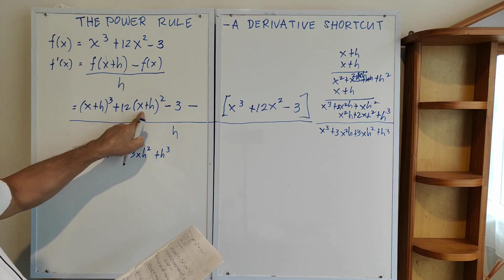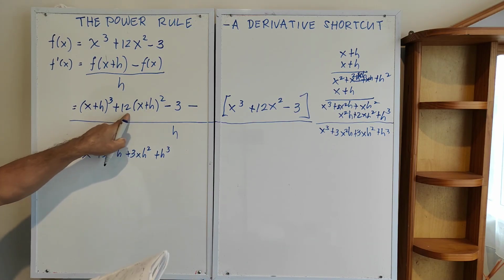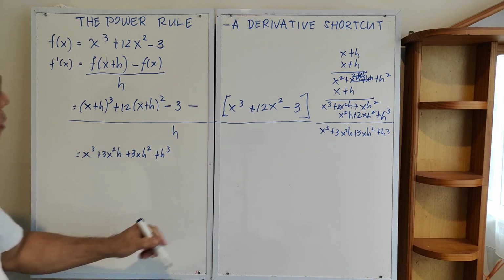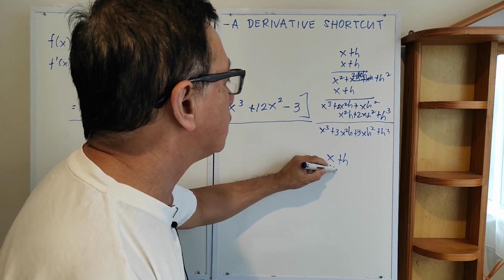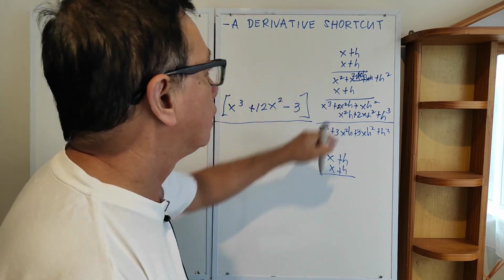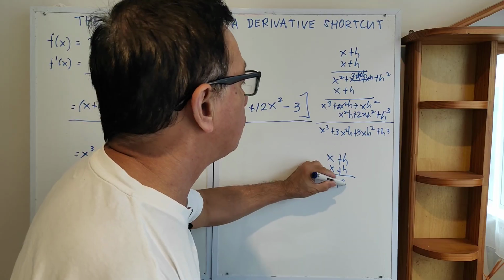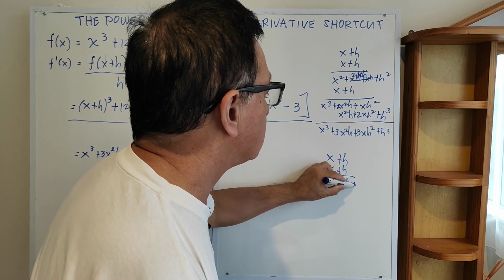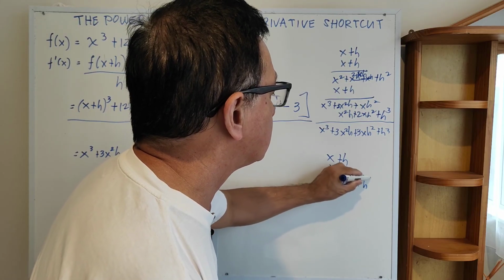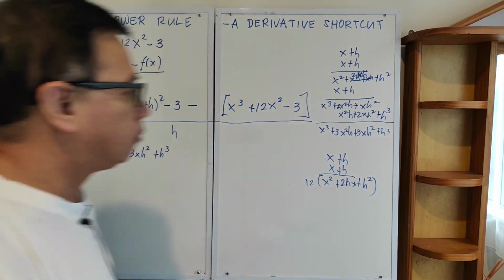And then we have to square x plus h and multiply by 12. So x plus h times x plus h, I'll just copy this one: x squared plus 2hx plus h squared, and then you multiply that by 12.